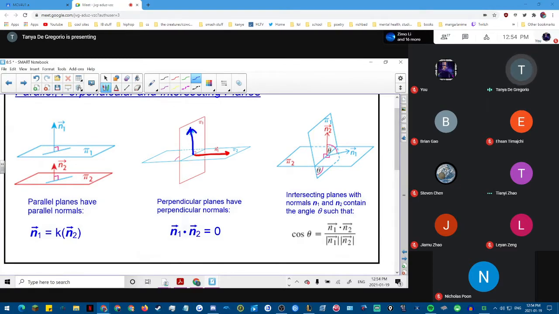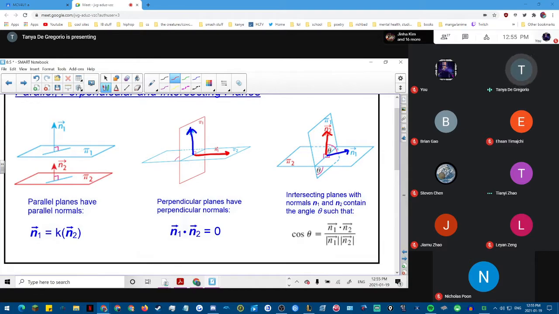Here we have intersecting planes, and they have normals. And I don't know if it's as obvious here. So here's one normal. Okay, here's the other normal. The normal of plane 2.